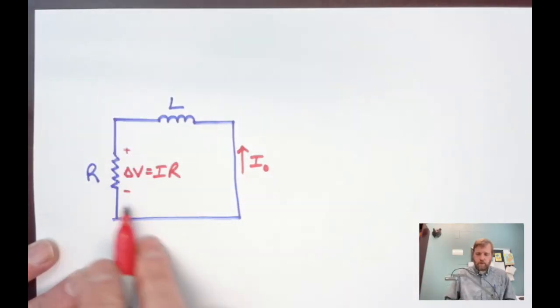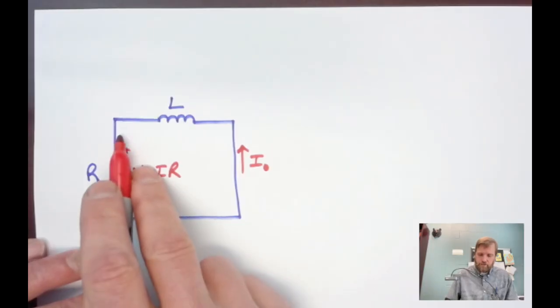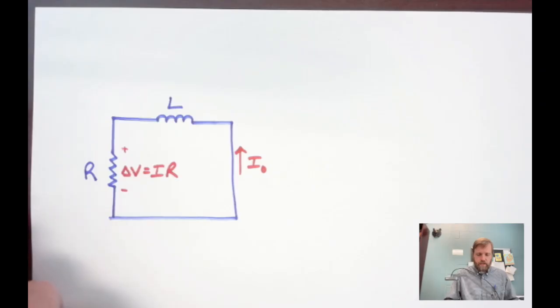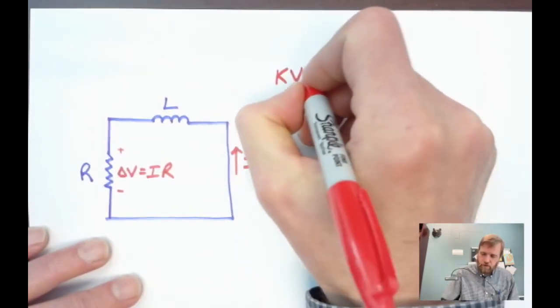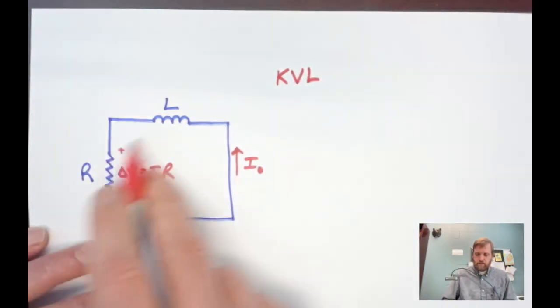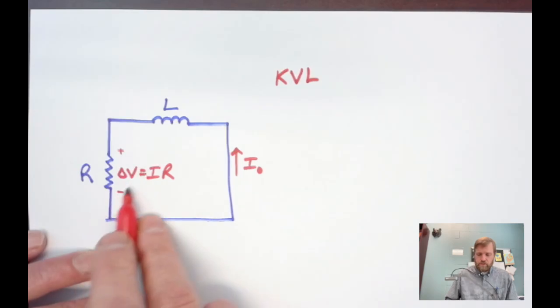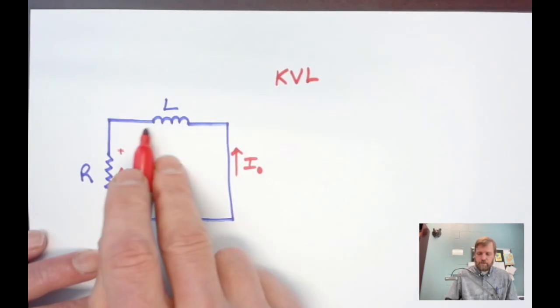We can apply Kirchhoff's loop law to this and say if I go up delta V, I have to go down delta V. So if we apply Kirchhoff's voltage law to this circuit, we would see that whatever this resistor voltage is, it has to be the same as the inductor, but in the opposite direction.